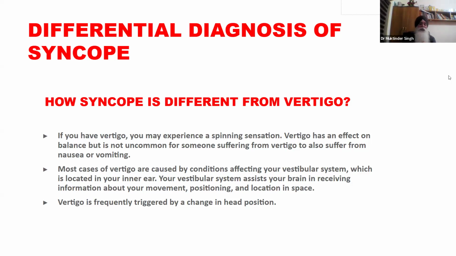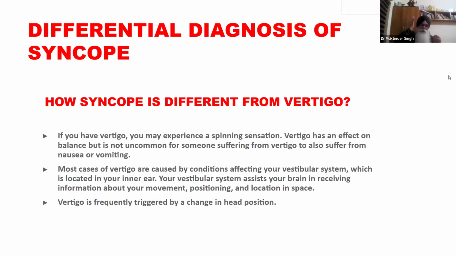Most cases of vertigo are caused by conditions affecting your vestibular system. You know what the vestibular system is? In our ear, we have the vestibular apparatus. There is a fluid in our ears, and when an imbalance occurs, when there is pressure, you might sometimes feel it while traveling up the hills, as in Cocculus we see, or when you are taking a giant wheel ride.